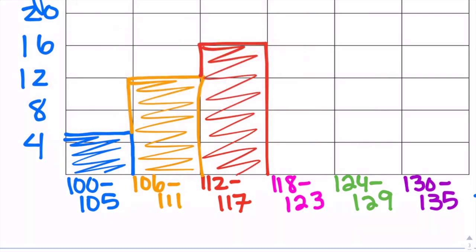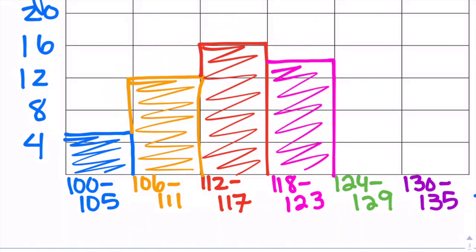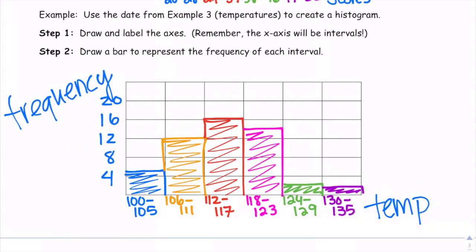And then for 118 to 123, we have 14. And then for 124 to 129, we have 2. And then for 130 to 135, we have 1. And so now you have your histogram.